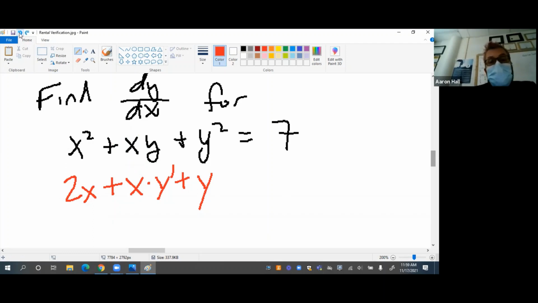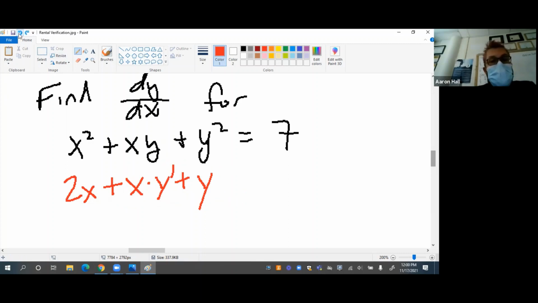What's the product rule? First function times the derivative of the second plus the second times the derivative of the first, right?